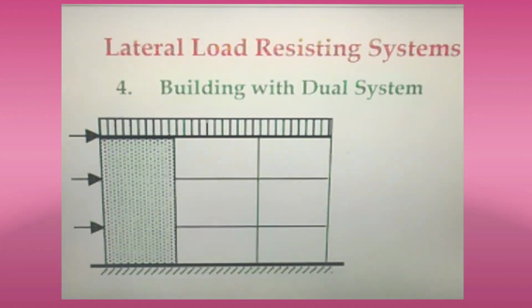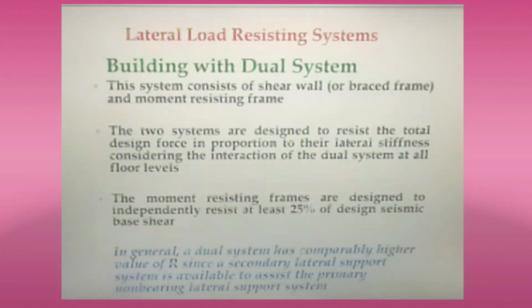This is a shear wall and this is a moment resisting frame. This system consists of shear wall and moment resisting frame. As the name indicates, it is a dual system, with moment resisting frame as well as shear wall, or instead of shear wall you can use braced frame also.